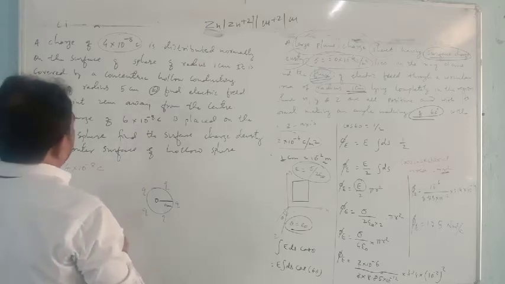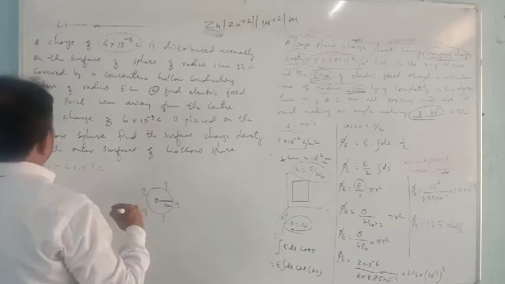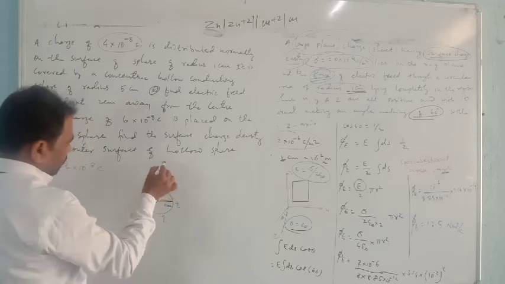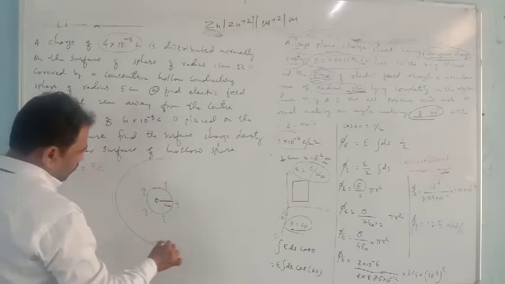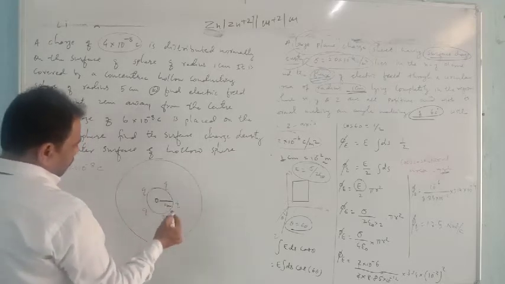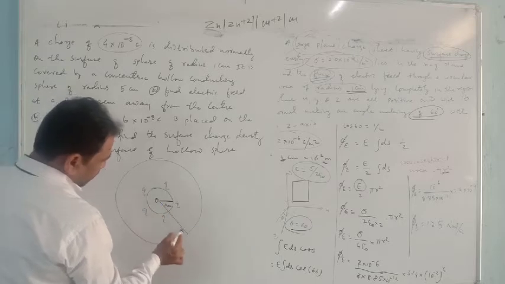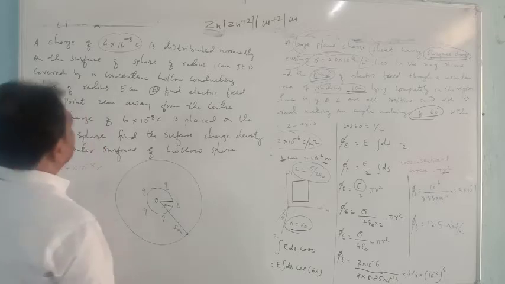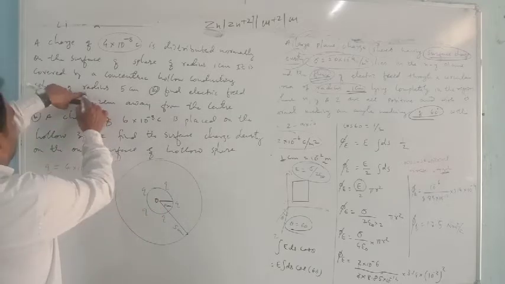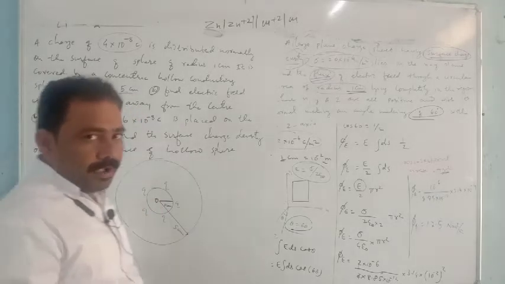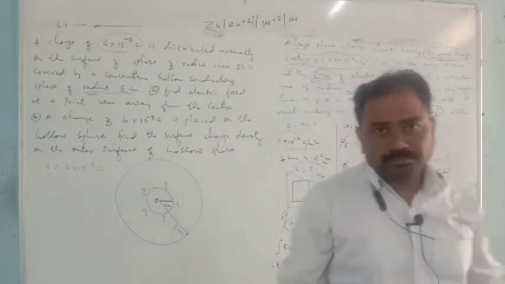Now we can draw another sphere, that has 5 centimeter as its radius. Okay, so radius is given, that is 5 centimeter.